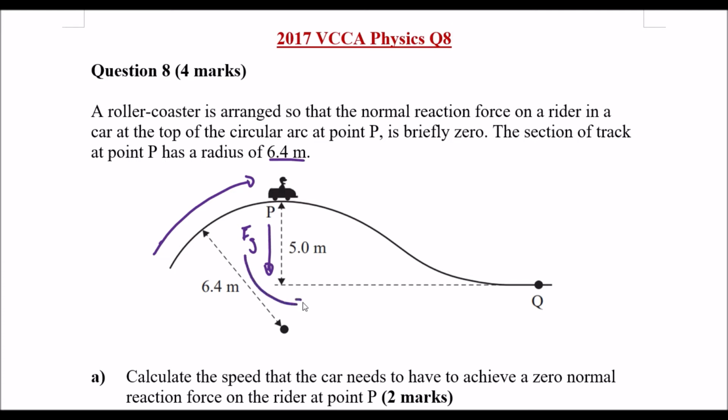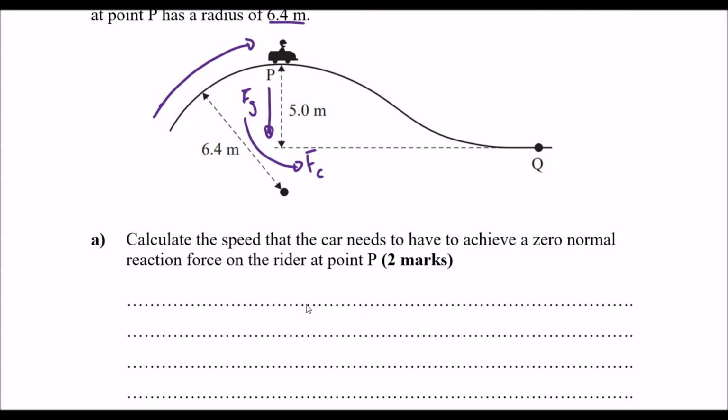So it will be the origin of our centripetal force, which means I can write the following equation. Fg is equal to centripetal force. That gives us mg equals mv squared over r.